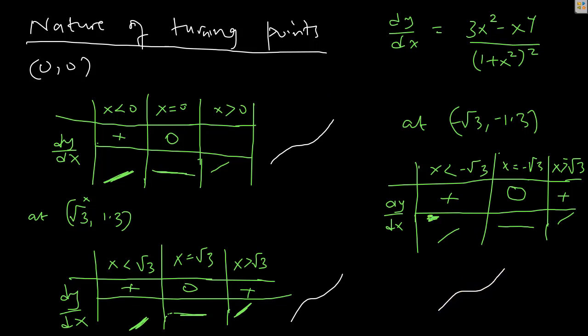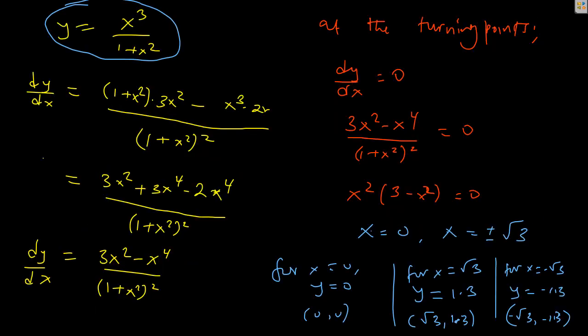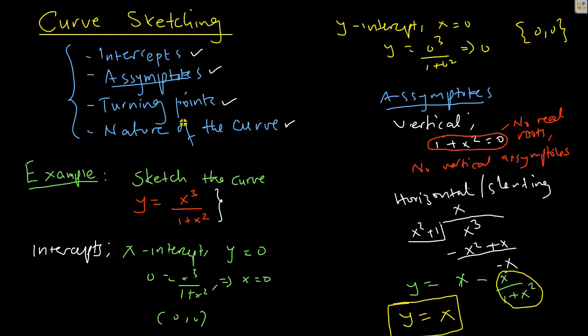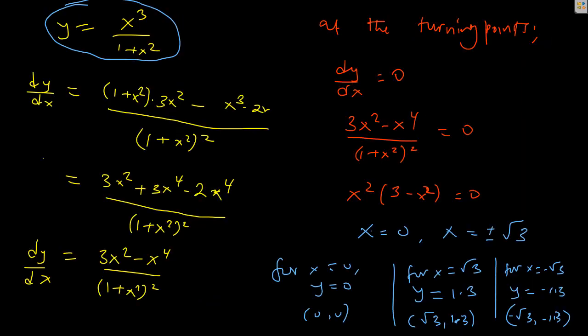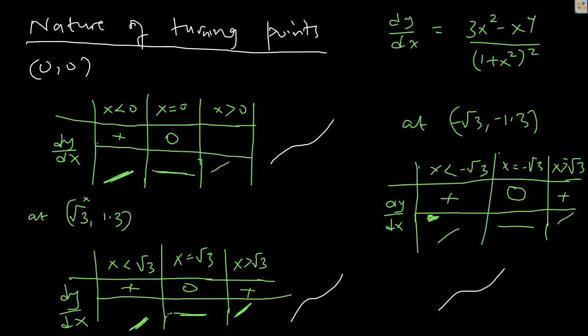Okay, so I'll take you back to the first page where we listed all the conditions. So we have the intercepts, we have the asymptotes, we have the turning points. We could investigate the nature of the curve, although I don't really feel that's so necessary for this curve, but I'll do it anyway.